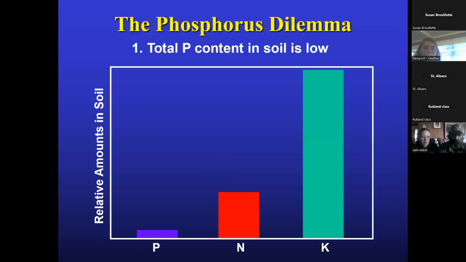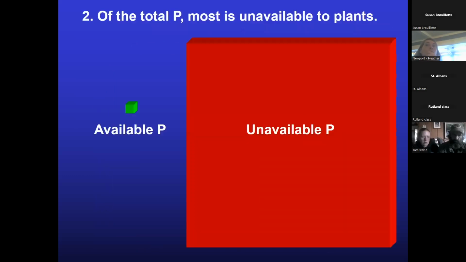Okay. So as I said before, the amount of available phosphorus is pretty low in the soils relative to what is actually there. So what you see on your soil test is the little green box. What you don't see is the red box.